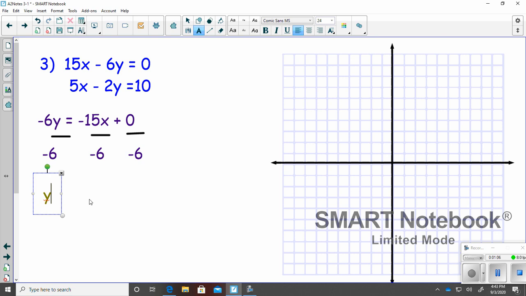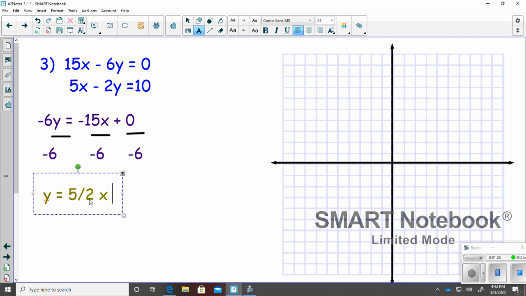We're going to end up getting y equal, and then the negative divided by negative is positive. 3 will go into both of those numbers. 3 goes into 15 5 times, and 3 will go into 6 2 times. So 15/6 is the same thing as 5 halves.